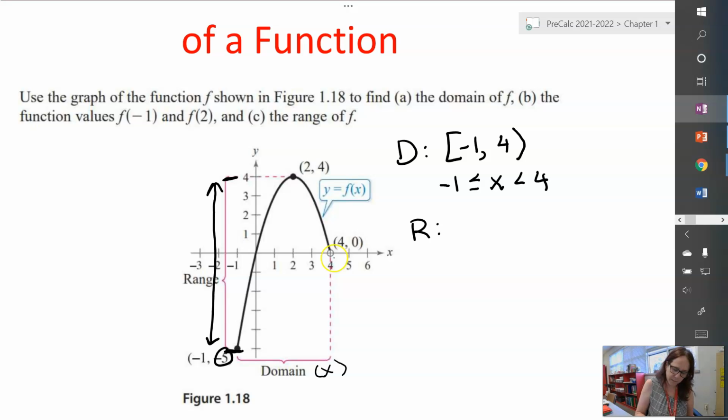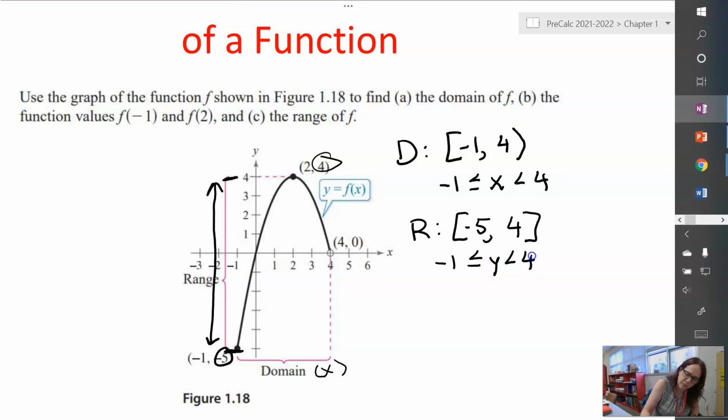Oh, no, I didn't. And then up to a +4. The -5 is included, the +4 isn't. So -5 up to +4, or you could say -5 less than or equal to y less than 4.